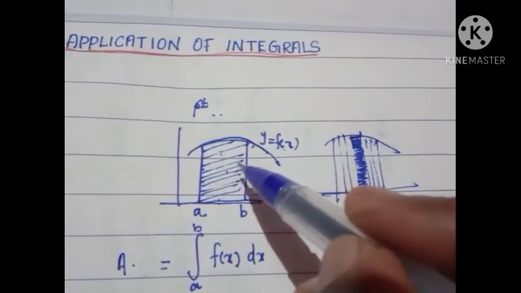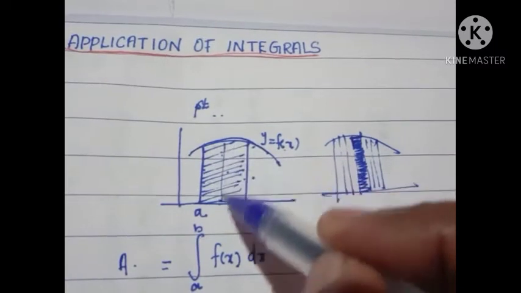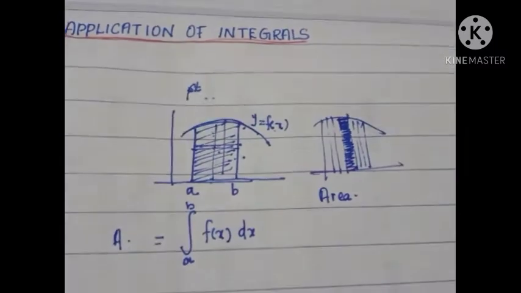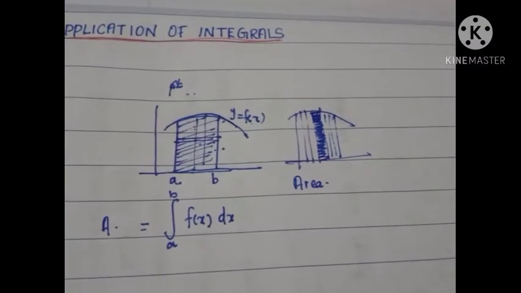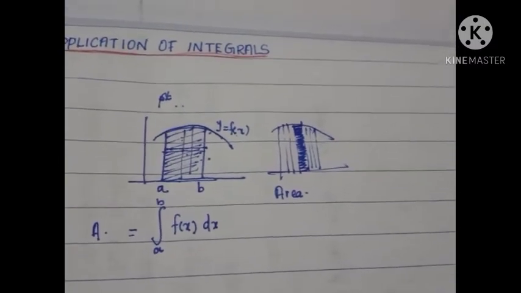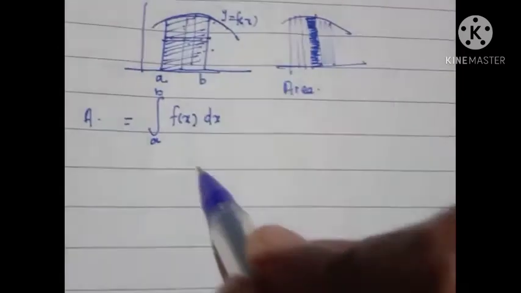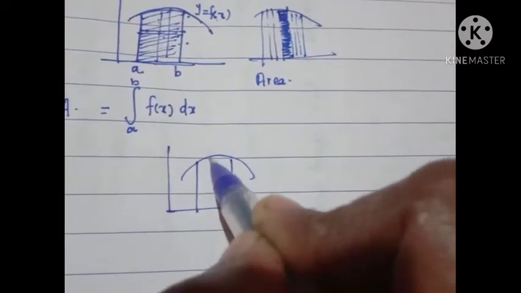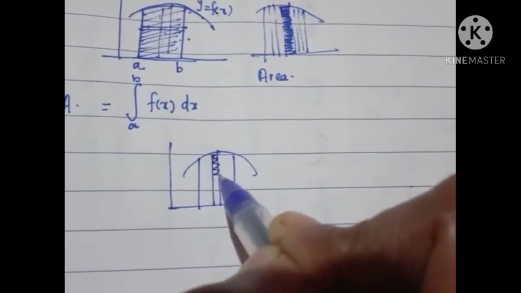Now, in this case, we can consider vertical stripes or horizontal stripes. Here we consider vertical stripes. This is the meaning of vertical stripes.